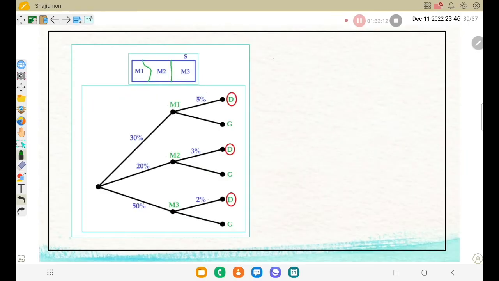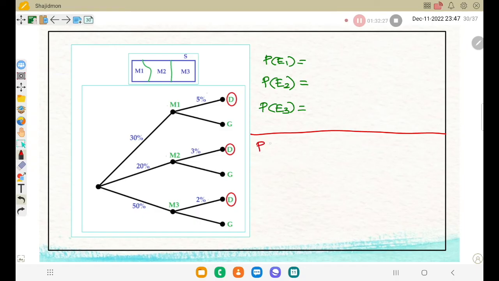First we need to calculate the probability of E1, same as the last two questions, probability of E2, probability of E3. After that we need to calculate probability of A given E1, probability of A given E2, probability of A given E3, correct?